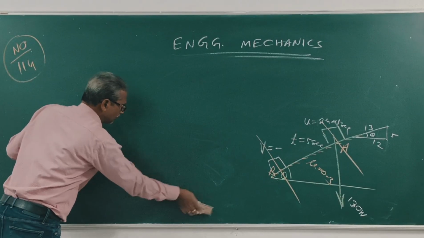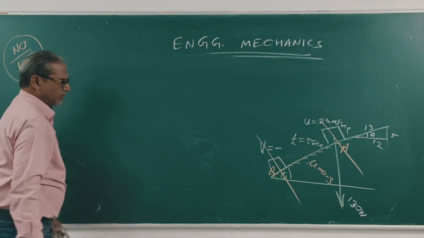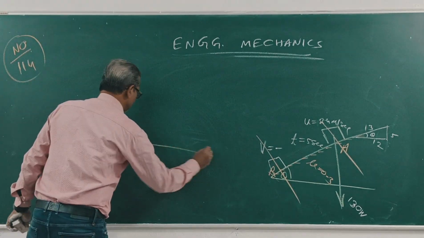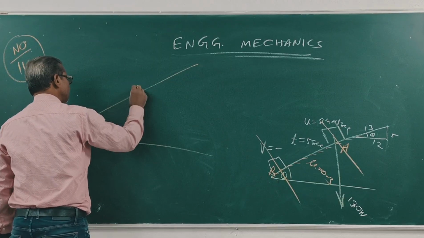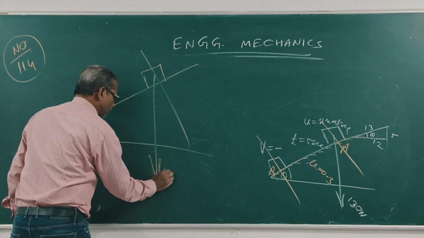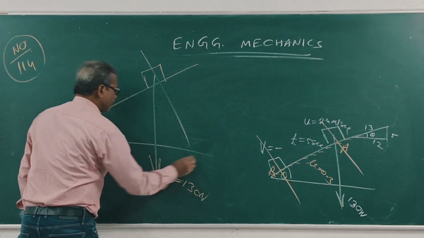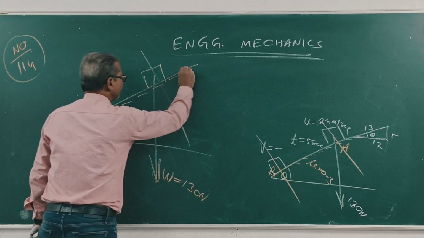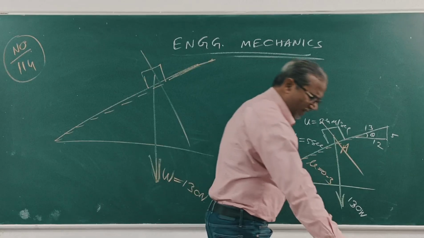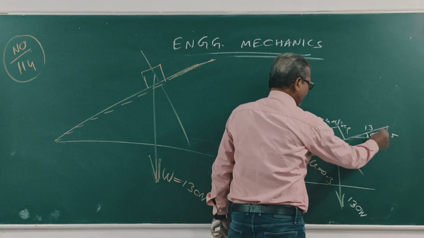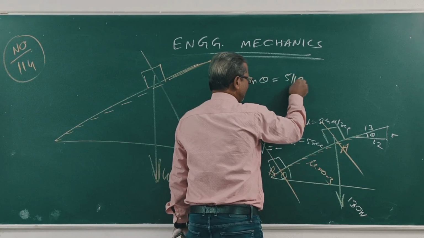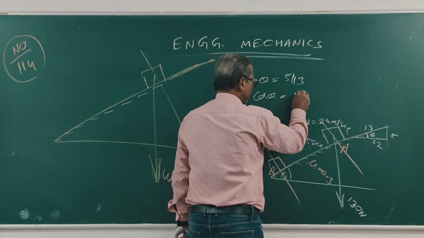Now, I will draw the figure in a larger size. This is the block, weight W, which is 130 Newton. This angle is theta, with 5, 12, 13. So sin theta is equal to 5 by 13, and cos theta is equal to 12 by 13.